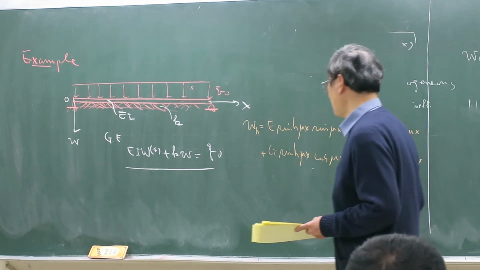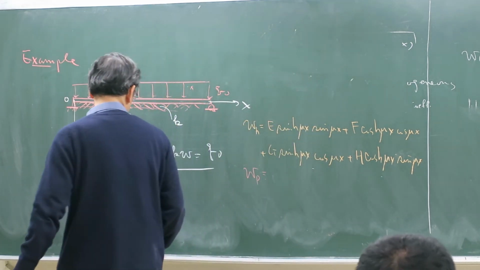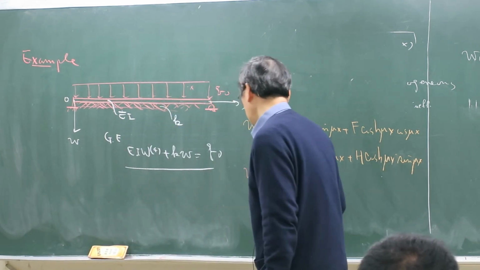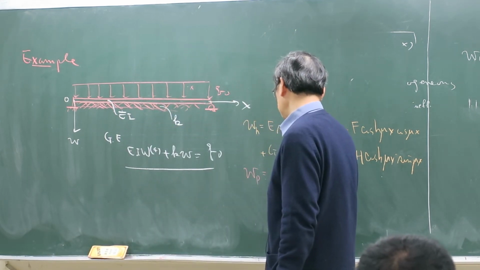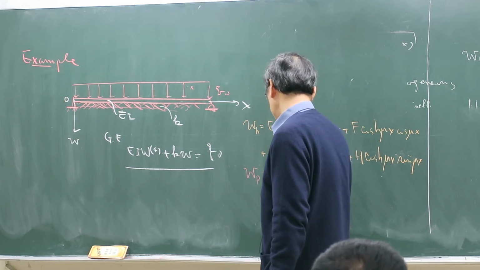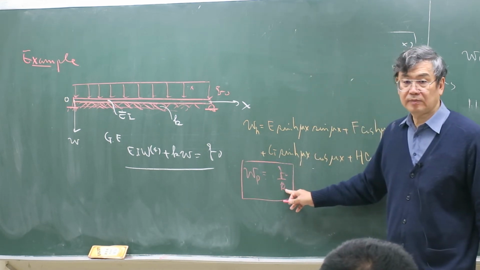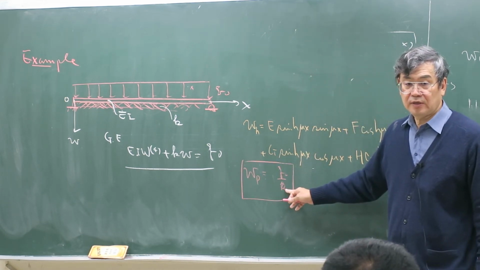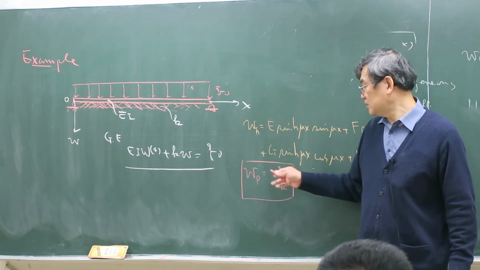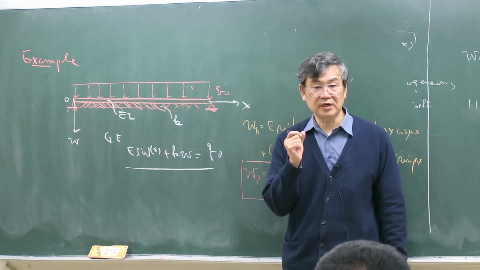Now the particular solution. From this you can see, if I assume W equal to Q0 over K, by observation. Okay, if this is Q over K, the first derivative will be 0. So certainly the fourth derivative term is 0, satisfied.